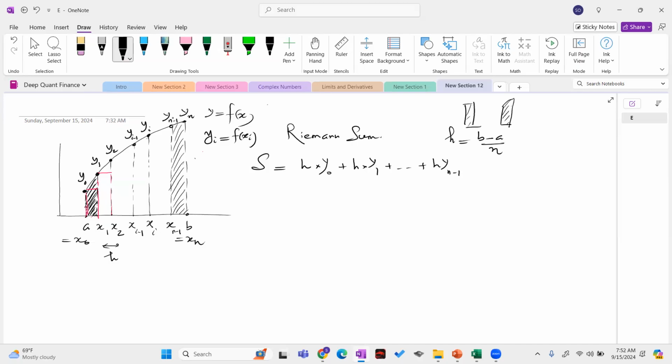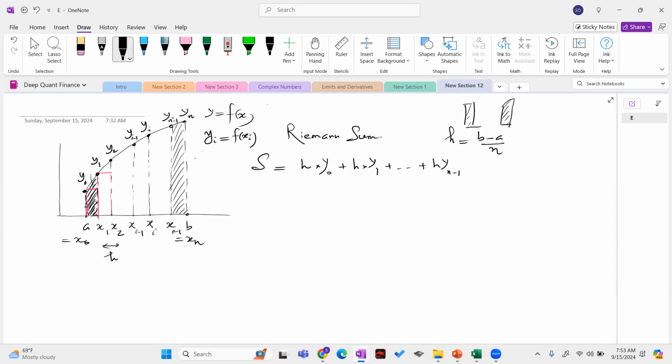As per this curve, I am missing out a few pieces of the slice, right? So definitely we will underestimate. However, if the curve was downward sloping, then we would overestimate. I'll let you draw that figure and think, but we are missing out some of these small triangles. So this will be an underestimation as per this particular curve.